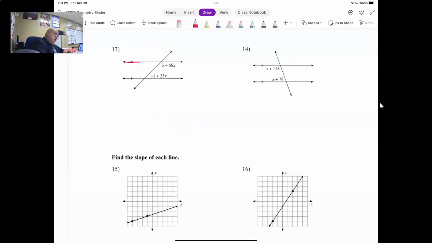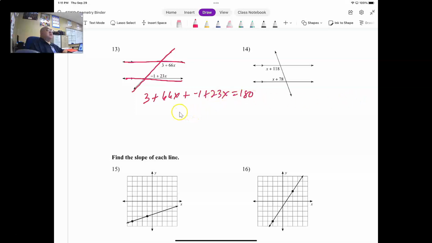Remember that if two lines are parallel and they're cut by a transversal, those are same-side interior angles. What do we know about same-side interior angles? Remember, class? We know that the two angles have to be supplementary. So you have 3 plus 66x plus -1 plus 23x equals 180.